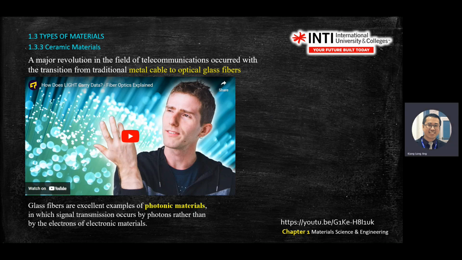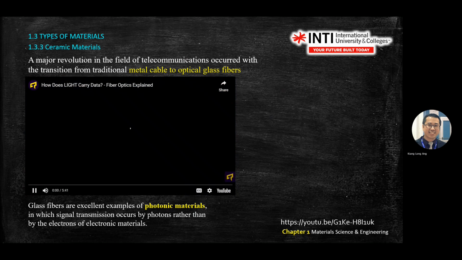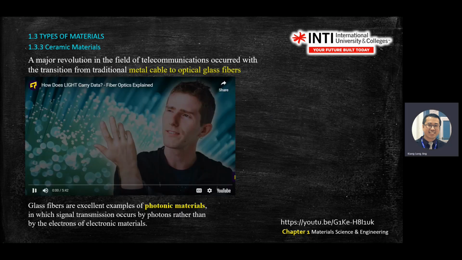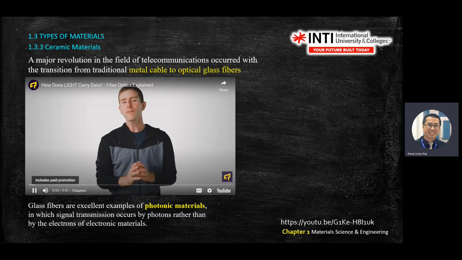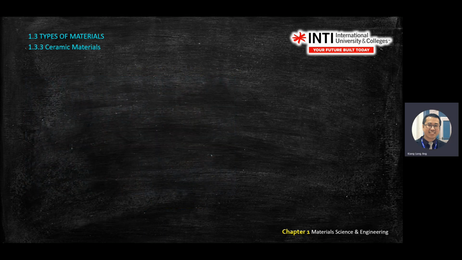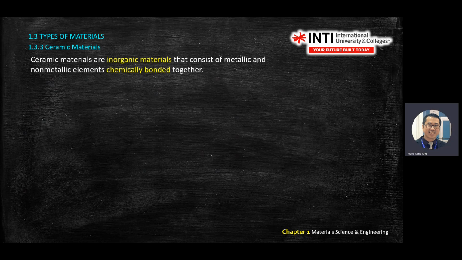The first new term for you today is photonic material. Fiberglass is an example of a good photonic material. Keep this video. See how long? Yeah, 5 minutes is too long. You go home and watch it.